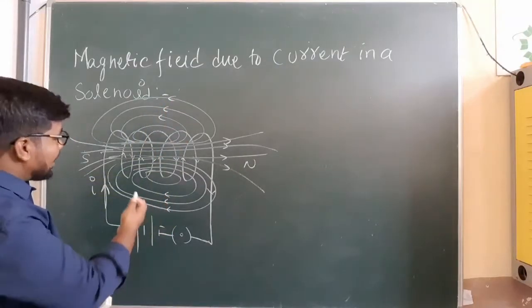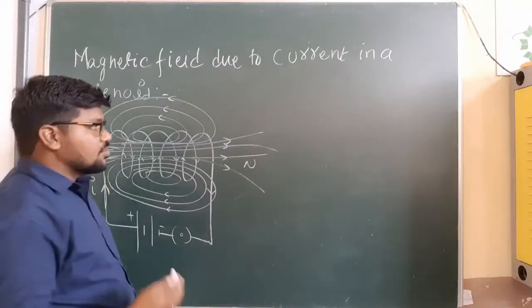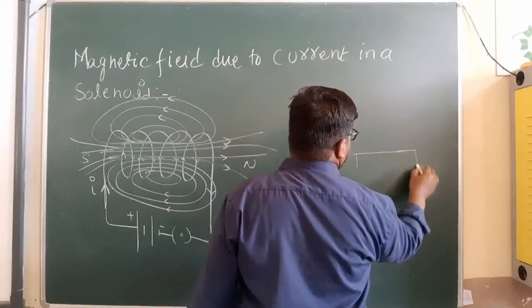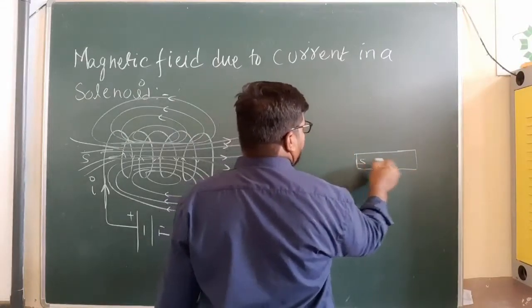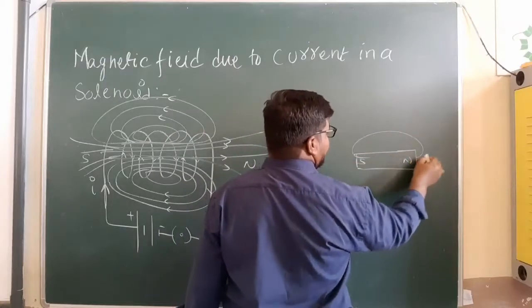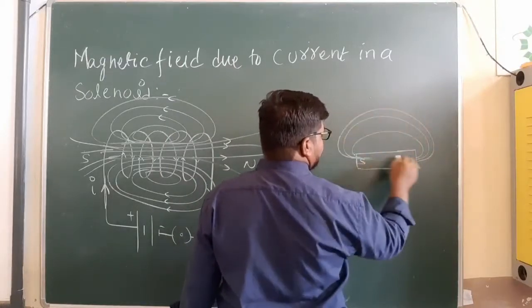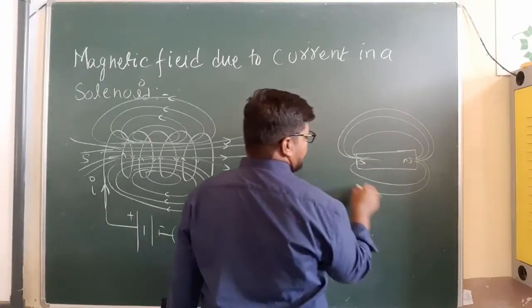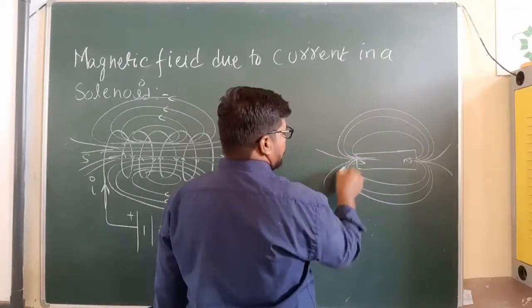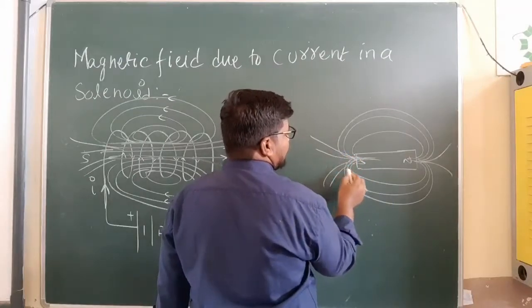Clear? So this is the magnetic field. This is the south and north pole. Here we observe that the field lines always pass from north to south. Clear, my dear?